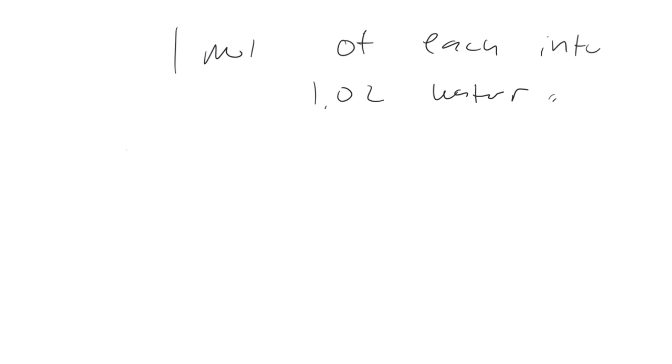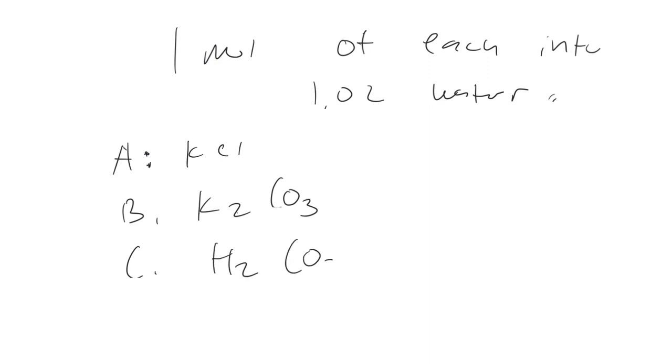So let's say A, we're putting KCl. B, we're putting K2CO3, another water-soluble ionic compound. Let's say C, we're putting H2CO3, a weak acid. And let's say for D, we're putting methanol.